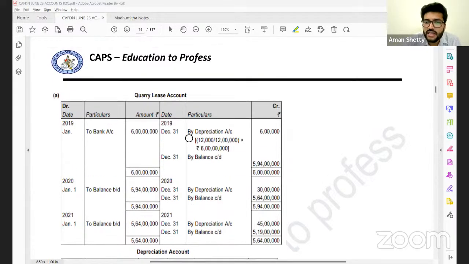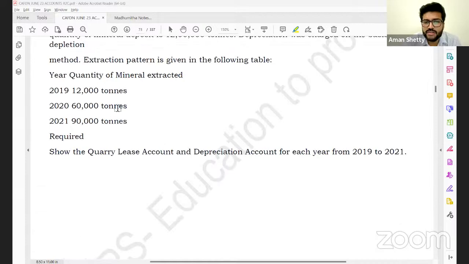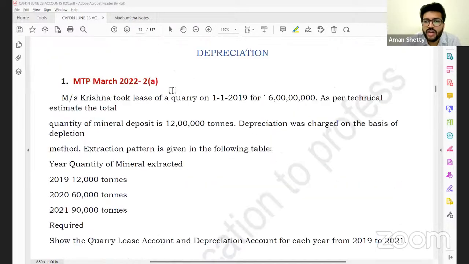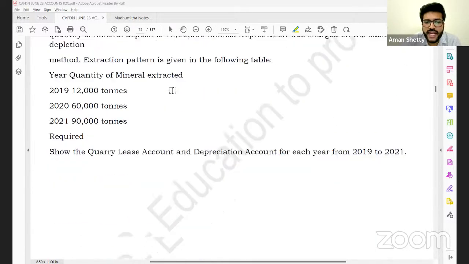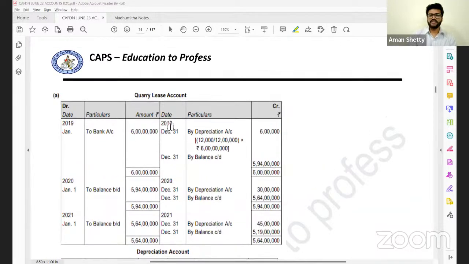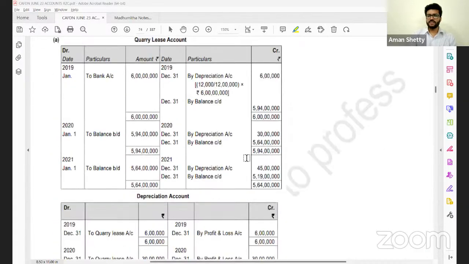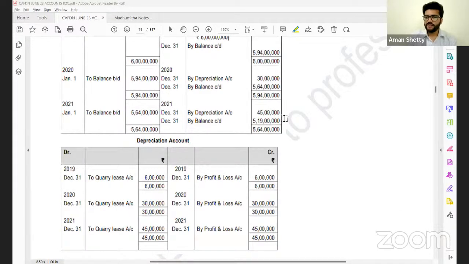Here it is 60,000 tons: 6 crores divided by 12 lakh into 60,000 tons gives 30 lakh. Same way for the next year, 6 crores divided by 12 lakh into 90,000 gives 45 lakh.